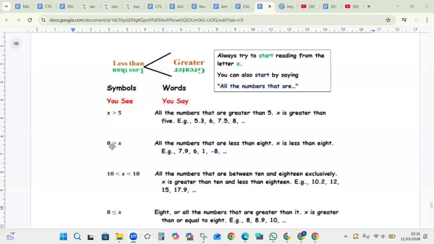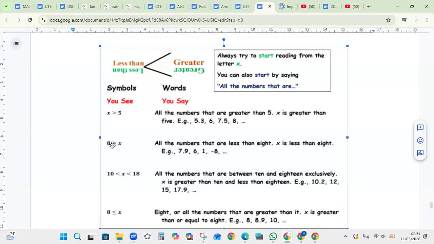What about this one now? So the rule that I would recommend that you use: always start reading from the letter X. And you can replace the letter X by the words all the numbers that are. So here we see the letter X on the right side. And instinctively we want to read from left to right, yes? You might want to say it is greater than X. But it doesn't really home in on the interpretation nicely.